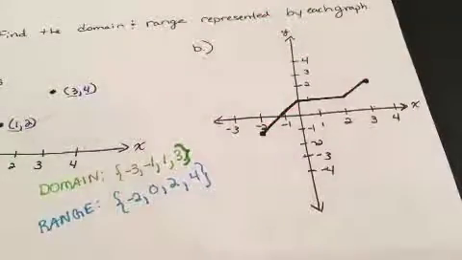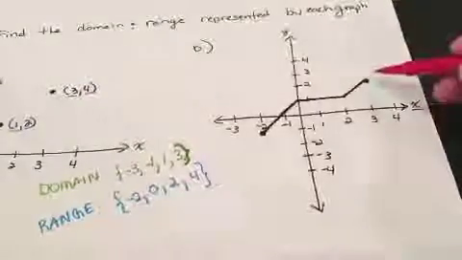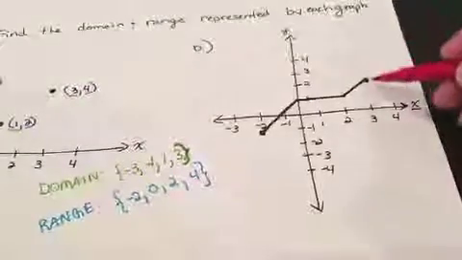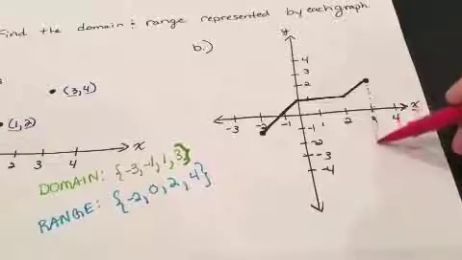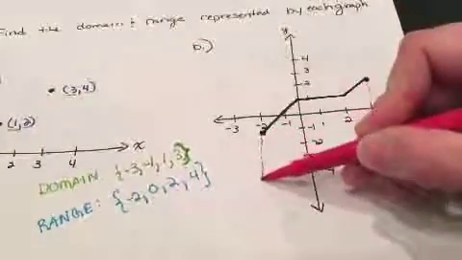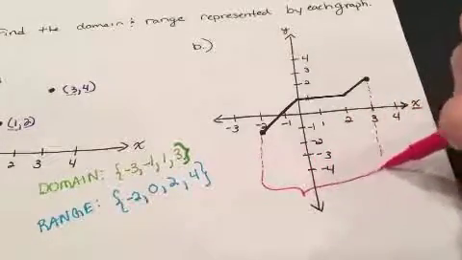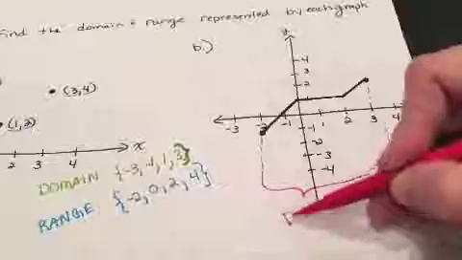So we have to look at the X values. So here's my X-axis, and I'm going to look at my X values from the farthest point on the right and the farthest point on the left. This is my domain.